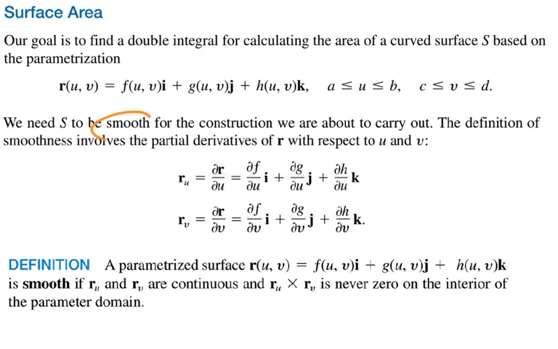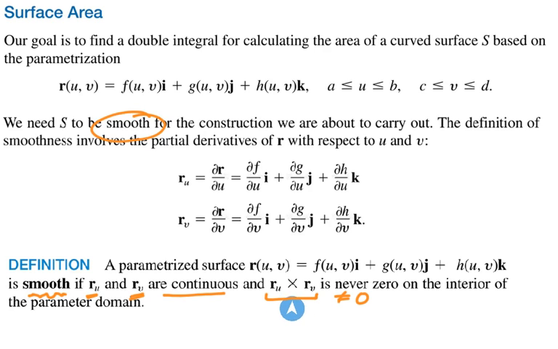This word smooth is important to the definition. If we have a parametrized surface, R in terms of U and V, we can say it is smooth if the partial of R with respect to U and the partial of R with respect to V are both continuous, and the cross product, R partial U cross R partial V, is not zero anywhere on the inside of the domain.